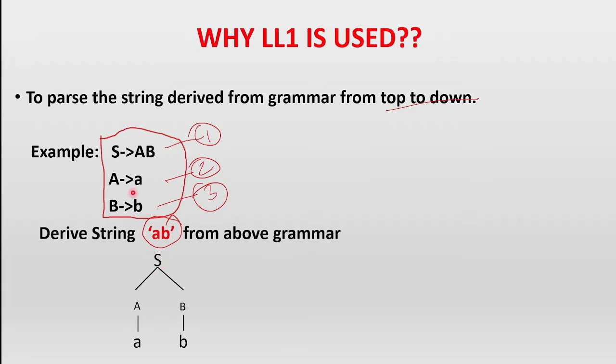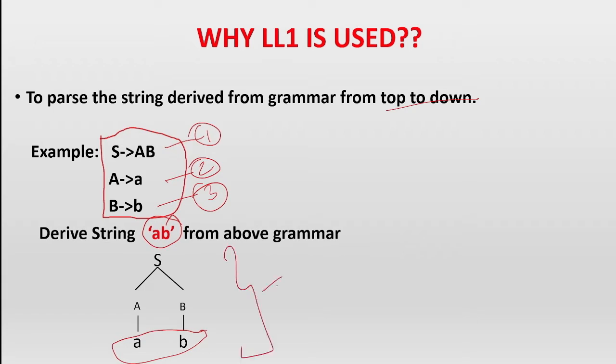From S we are getting AB, meaning the S production contains AB on the right hand side. So S will go to A and B. Now from A we can go to small a, and similarly the B production gives us small b. So we got the string ab at the end, and this is how we have parsed it from top to down.